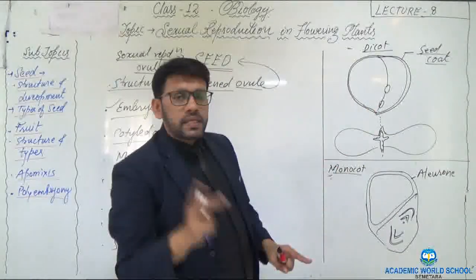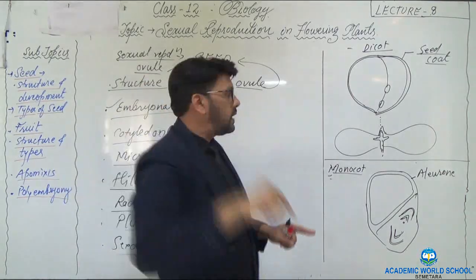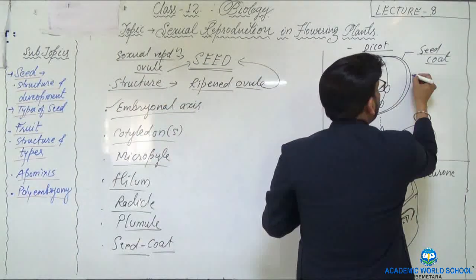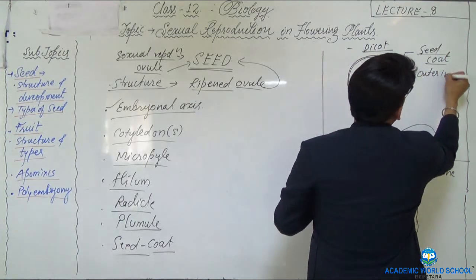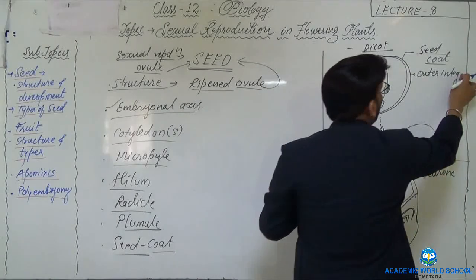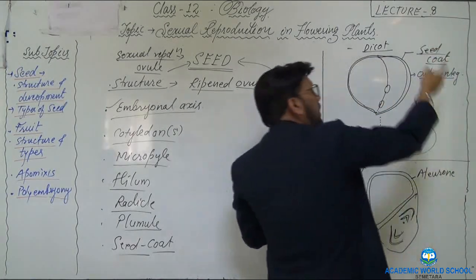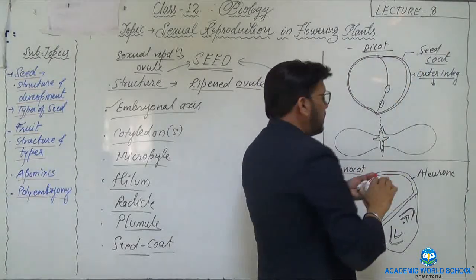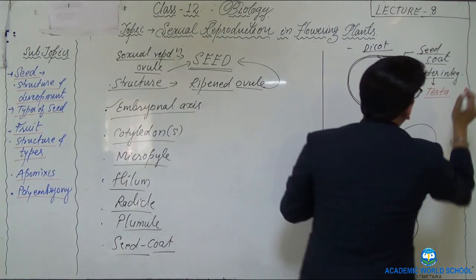The integuments are of two, one outer and the other inner. So here this is actually the outer integument. What is outer integument? Now this outer integument, in the case of the mature seed, changes into the structure that we call testa.